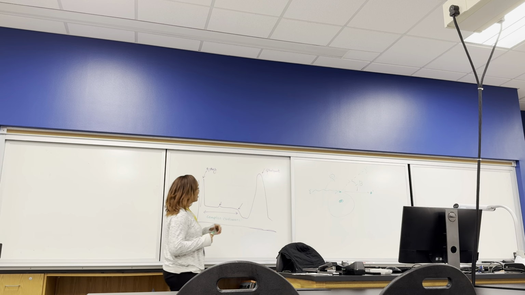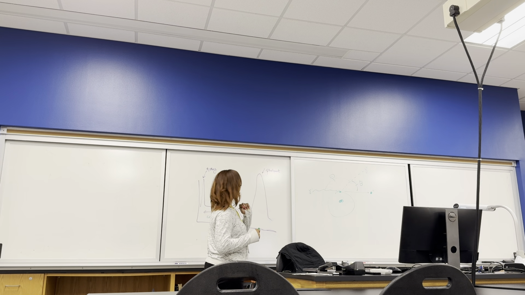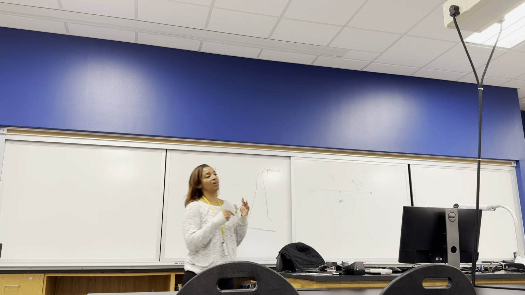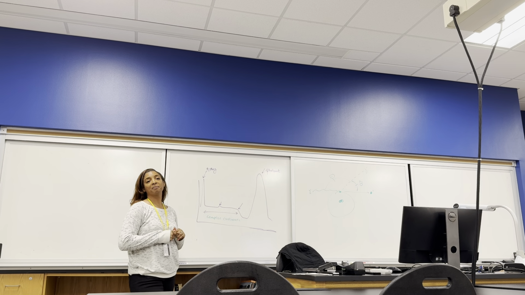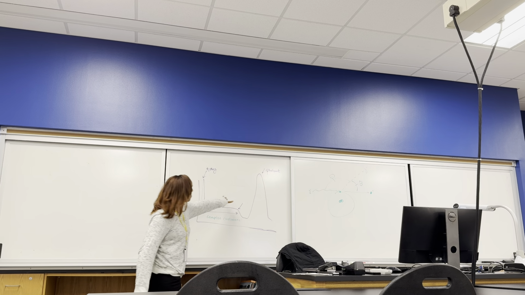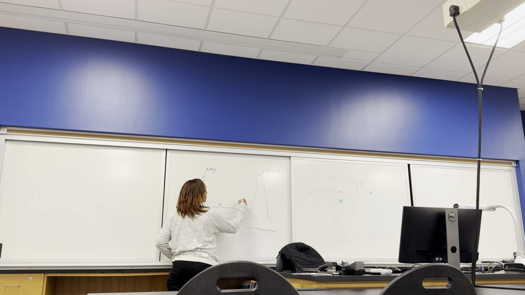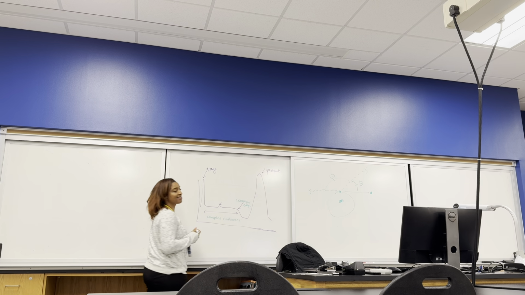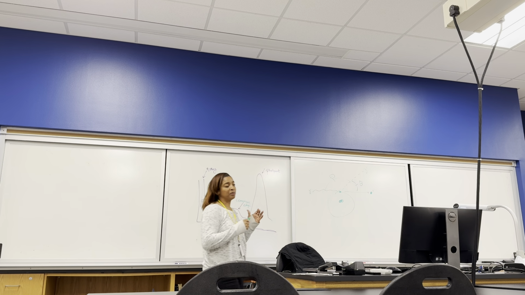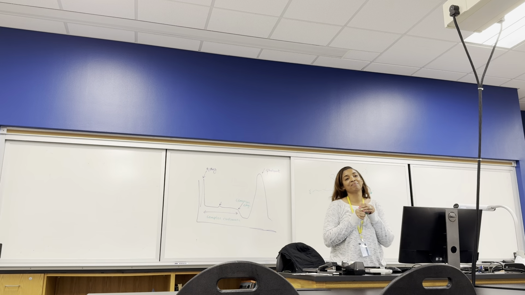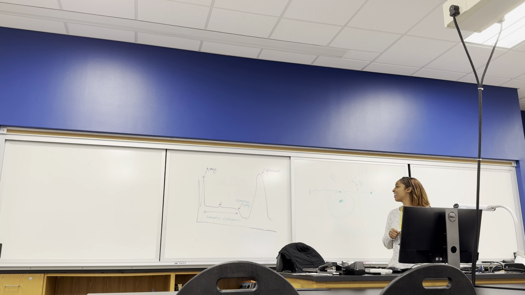All right, so what is that peak called and what does that represent? Is that not the Bragg's peak? Or that's the Compton edge? Yes, this is the Compton edge. And what does that represent? Compton scattering.